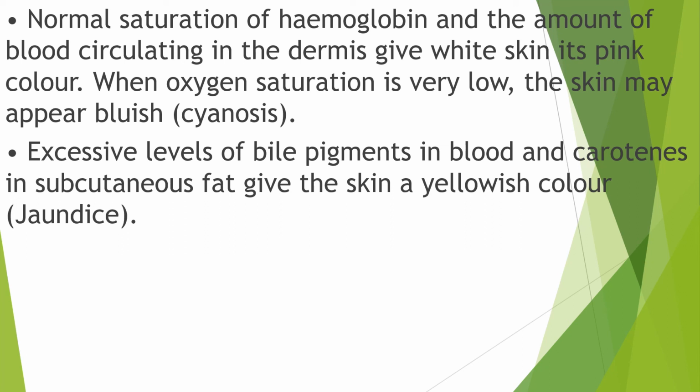So the normal saturation. In the human body, you've heard from the clinics or hospital when they say, oh, we are checking blood and all that. There is something called hemoglobin. The normal saturation of hemoglobin and the amount of blood circulating in the dermis give white skin its pink color.